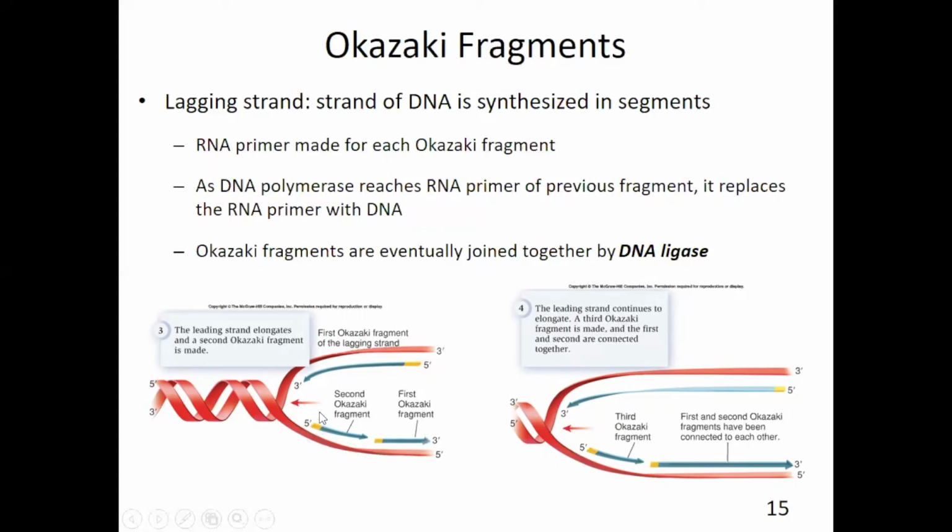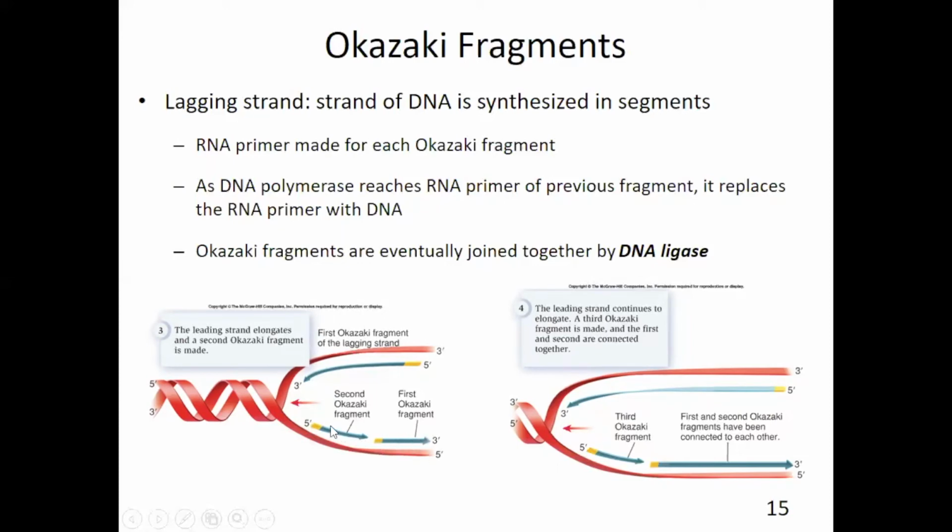So what happens is that primase enzyme comes in and synthesizes a short strand of RNA, the primer, and then DNA polymerase can attach and synthesize the new strand up until it reaches this first portion.